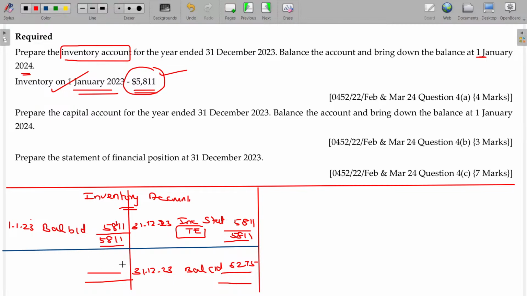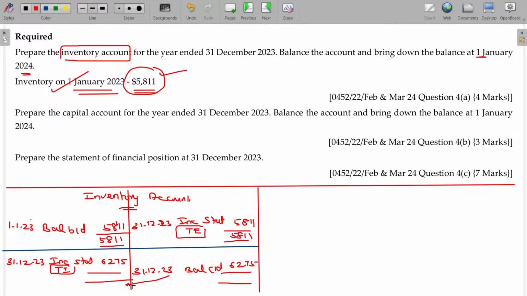And this one, 6275, will be transferable to the income statement by the year end, 31st December 23. Income statement, this is a trading section but income, 6275.